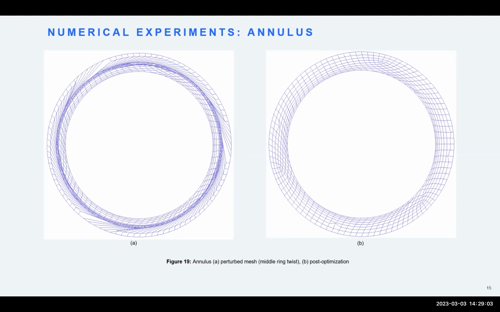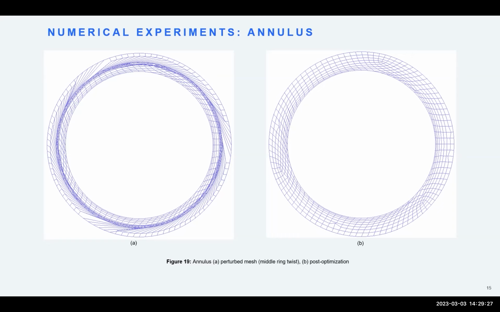The question is, does this method work on every type of tangle? The answer is no. Neither are there any other methods that can claim that, because there is no theory that proves there is one method that can untangle any type of mesh. So how do we make sure our method is robust?